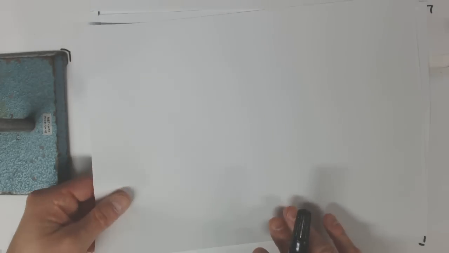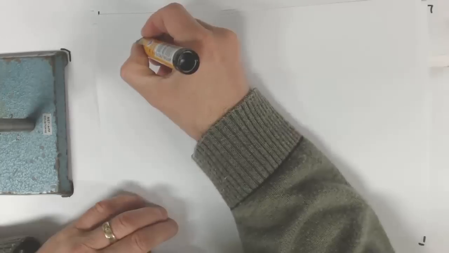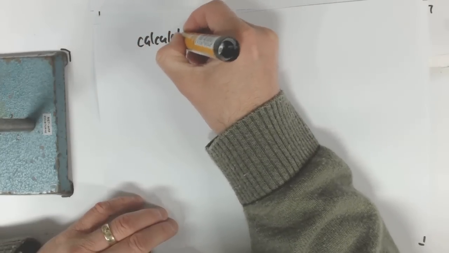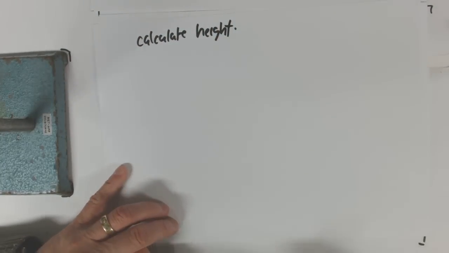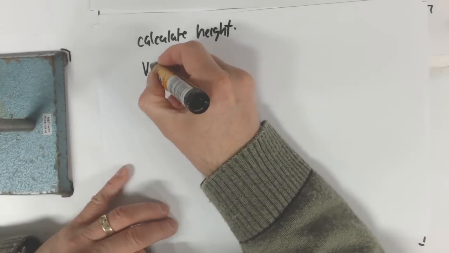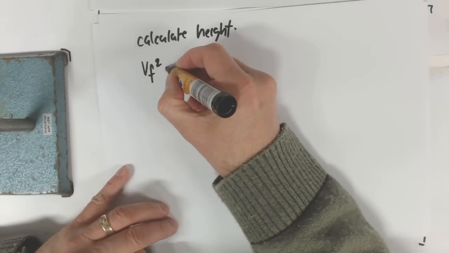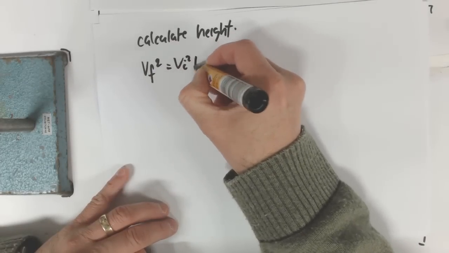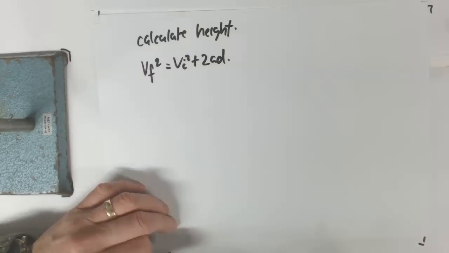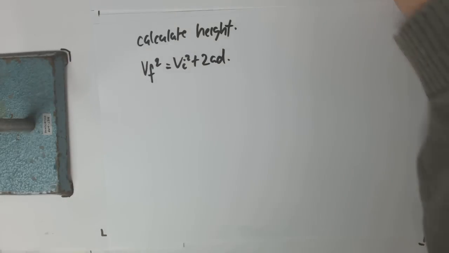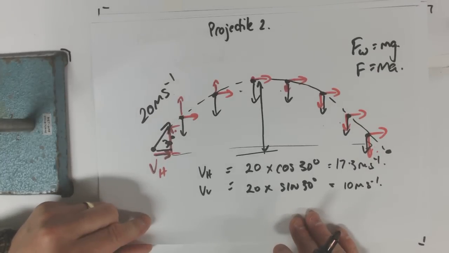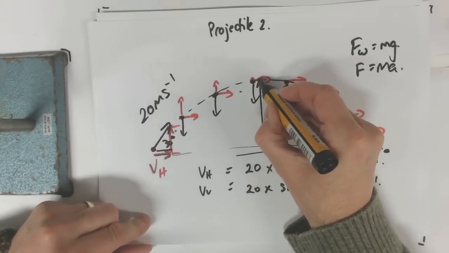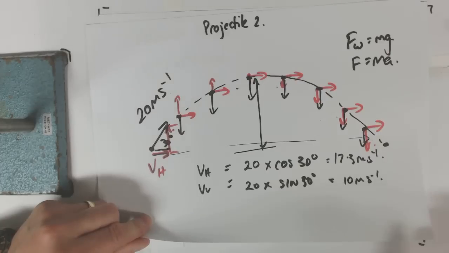So how are we going to calculate the height? This is where we've got to look at our kinematics formulas. And the one I would jump to using first up is Vf squared is equal to Vi squared plus 2AD. The reason I go with that is because if we go back to our projectile, at its maximum height, its vertical velocity is 0.